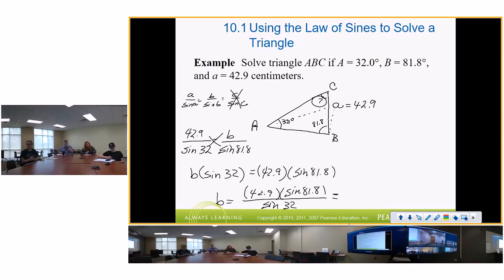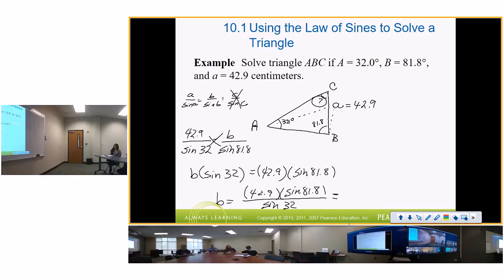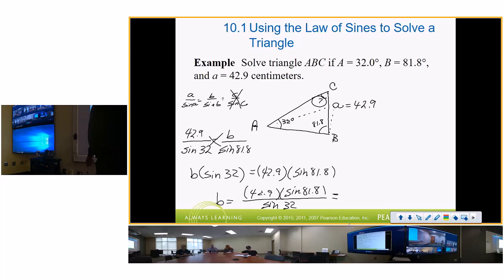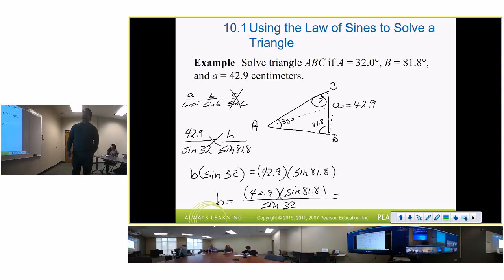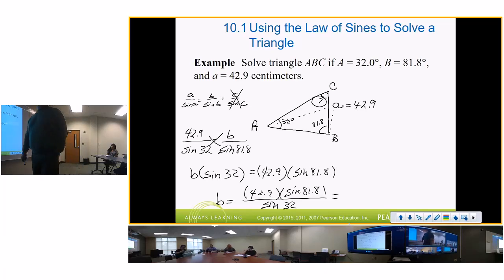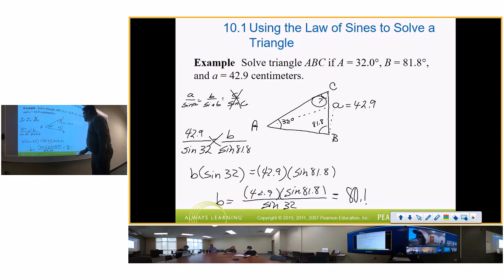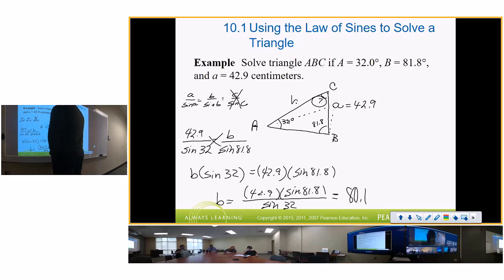Miss Crittenton, you don't have your calculator? We need a class intervention. She pawned it. That's all right. And what did y'all get? 80.1. Okay, so B is equal to 80.1.